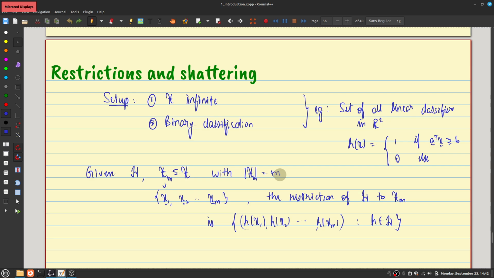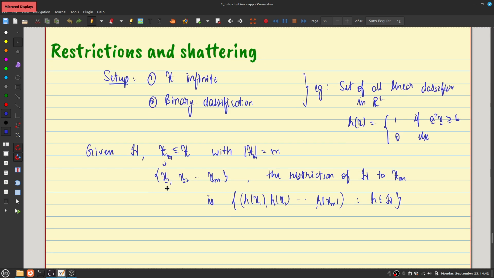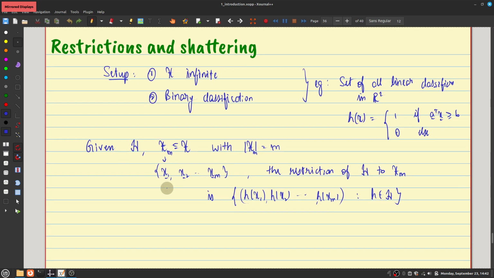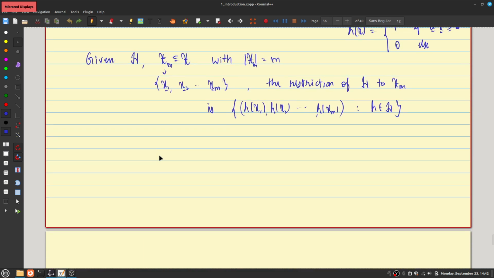All right. And then you can look at the restriction of H, the hypothesis class, to this particular set X subscript m. In the extreme case where the hypothesis class is the set of all functions from X to 0, 1, the restriction of H to X_m is the set of all functions from X_m to 0, 1. So let's just note that down as a fact.